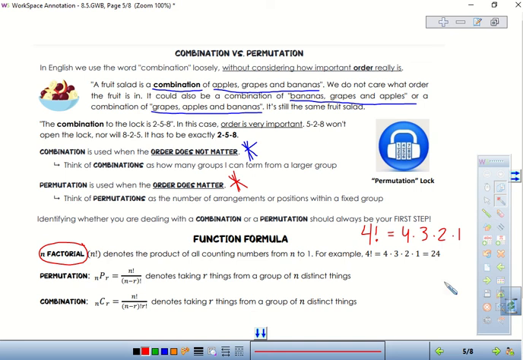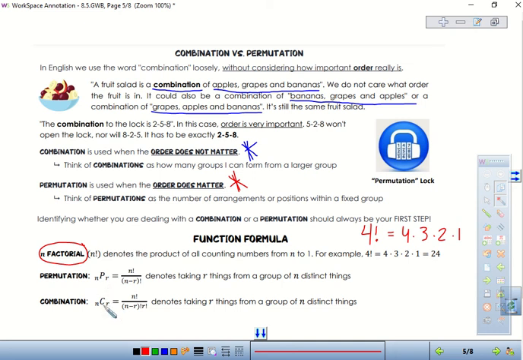So I'm going to be using the Desmos calculator today, just so everybody has access to it. And these are the formulas for permutation and combination. So nPr represents permutation. Say we have a group of 9 things and we're choosing 3 of them. n would be 9, r would be 3.